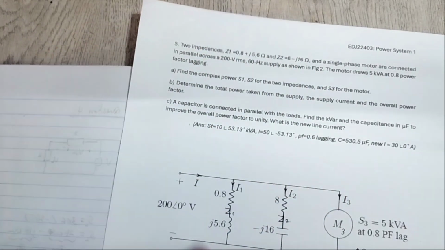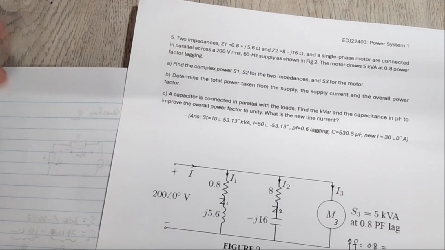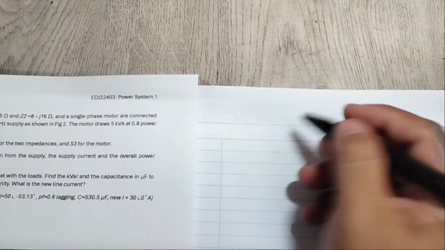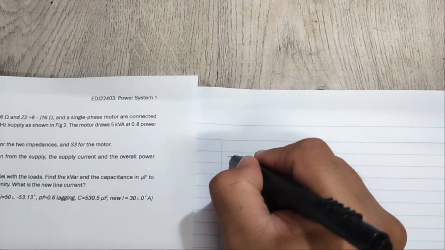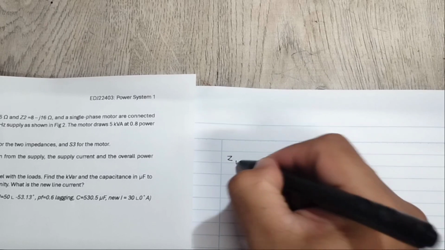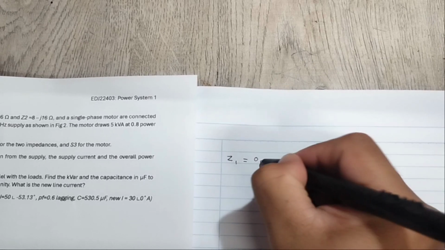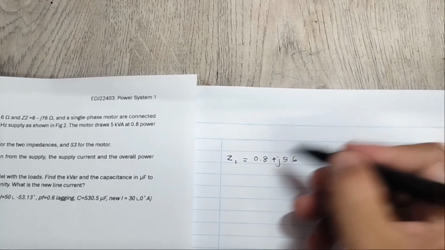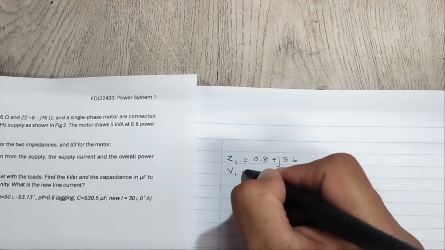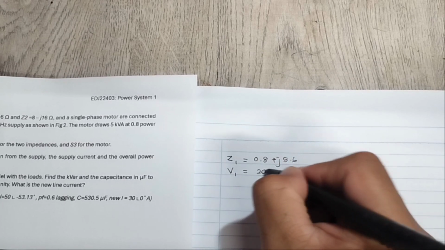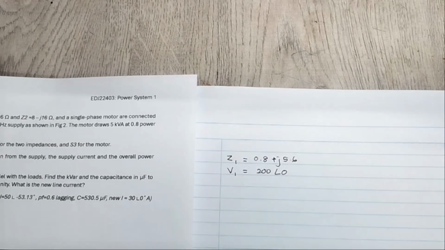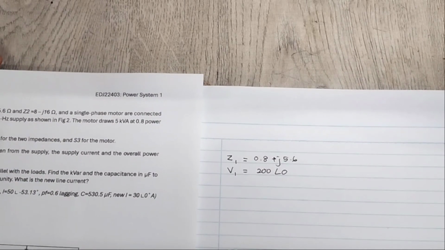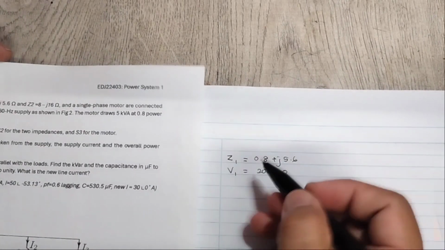V dapat, Z pun ada. Untuk load 1, untuk impedance yang pertama dulu. Okay, so Z1 is equal to 0.8 plus J5.6, right? V1 juga lah. V is dapat 200, given already. Nak guna formula apa ni?